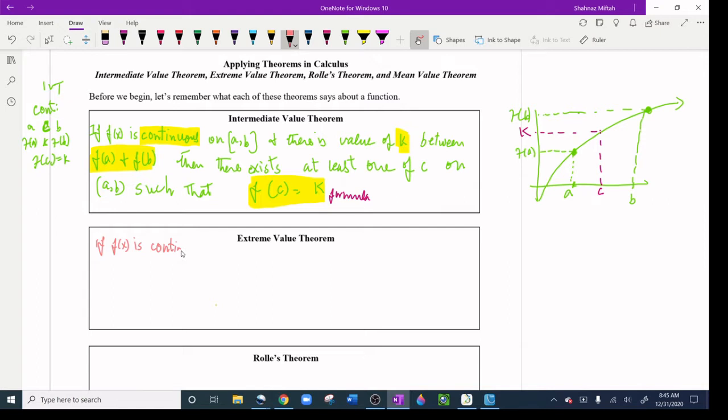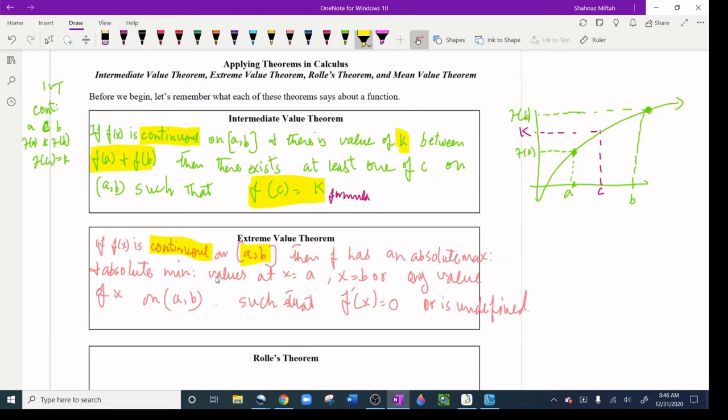So in this case, what is important? You have to look if the function is continuous on AB. If it is continuous on AB closed intervals, then we have to have an absolute maximum and absolute minimum, either at x equal A, x equal B, or between them. Such that f prime is, and this is the formula we're going to use when all these conditions are there, you're going to make f prime equals 0 or undefined.